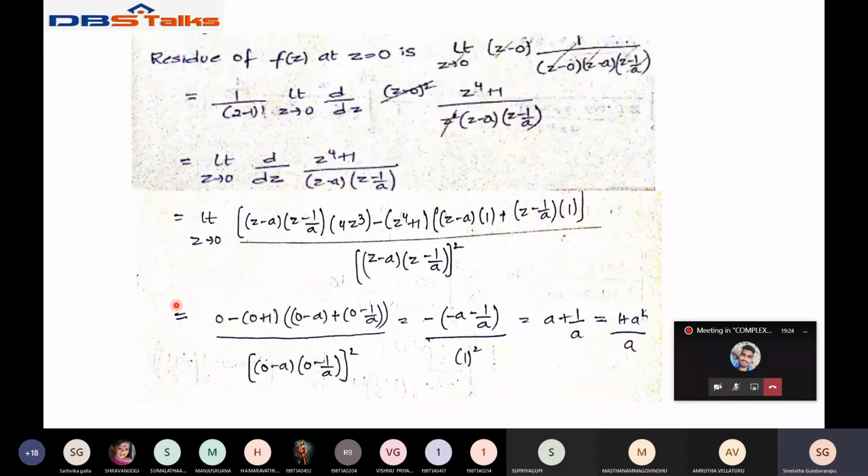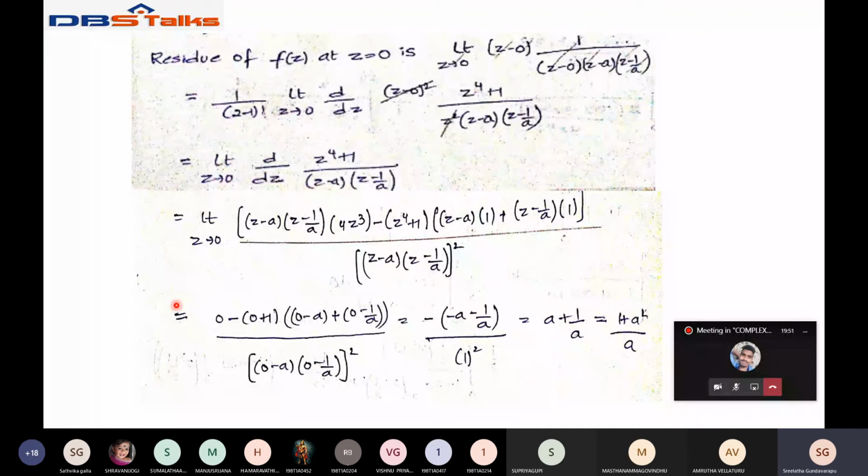Now to find the residue of f of z at the inside poles. First, the residue of f of z at z equal to 0. That means z equal to 0 is a pole of order 2. The formula is 1 by m minus 1 factorial, m minus 1 means 2 minus 1 factorial, limit z tends to 0, d by dz of z minus 0 whole square into f of z.